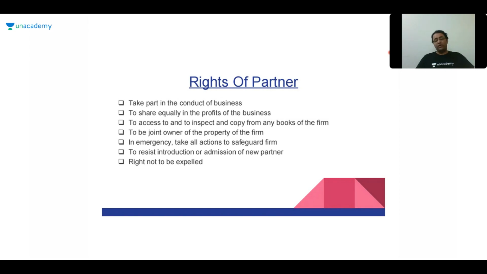Now, the provisions of Indian Partnership Act 1932 are being discussed here, but the provisions of Limited Liability Partnership Act 2008 will be discussed at 9:30 p.m. today. So I request you to be part of that session as well. Shiv, I hope I answered your question.